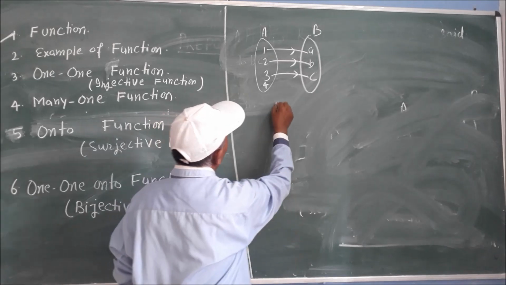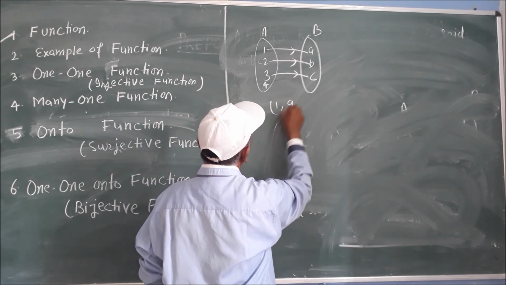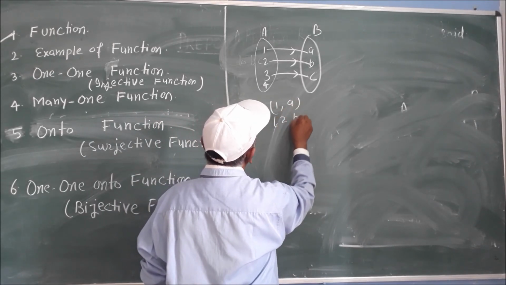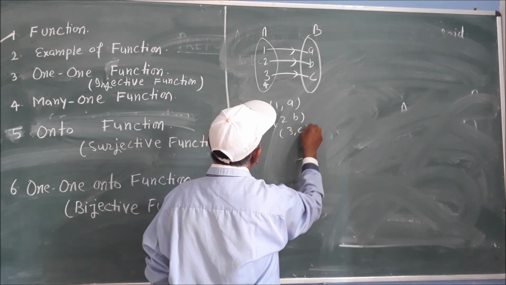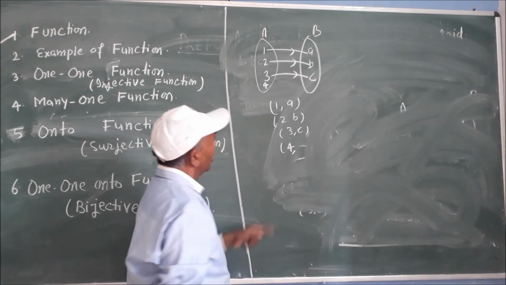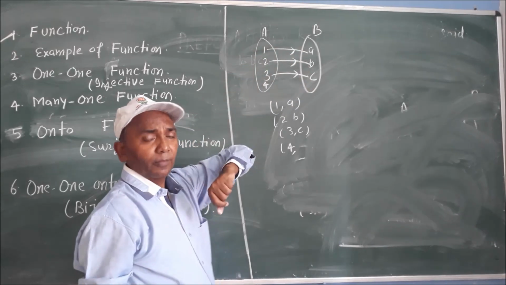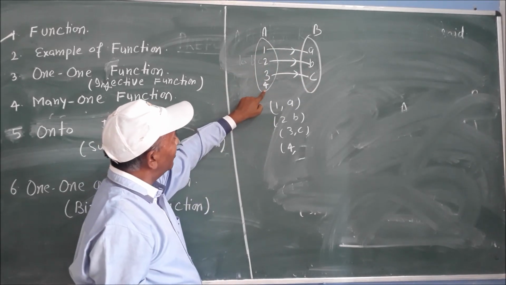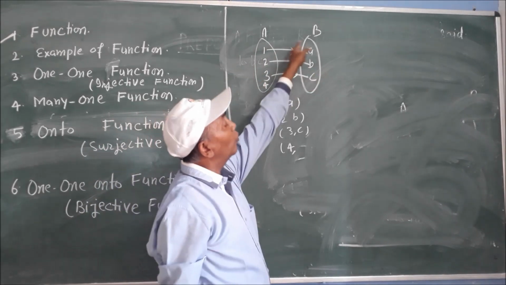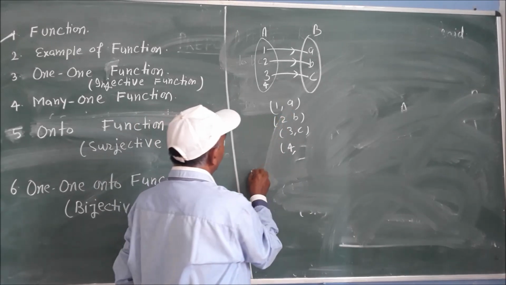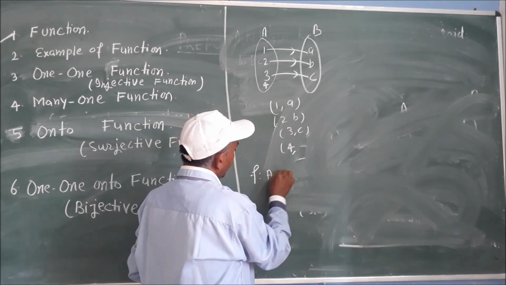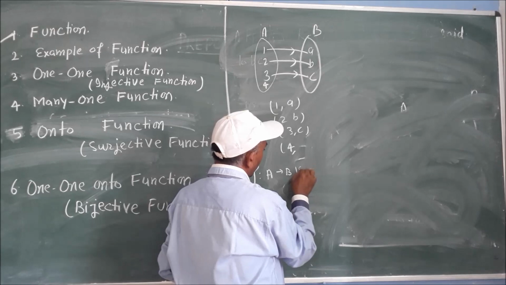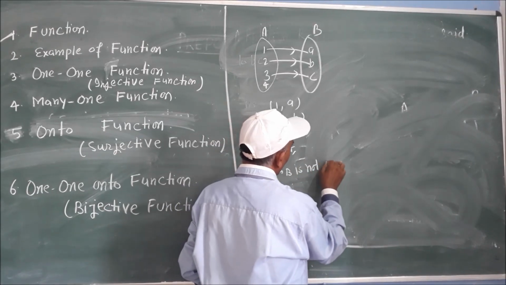So what are we seeing? Here 1 has image A, 2 has image B, and 3 has image C. But here is element 4 which has no image in B. यहाँ पर एक सदस्य A में 4 है जिसका B में कोई भी इमेज नहीं है. So we can say that here f such that A tends to B is not a function.